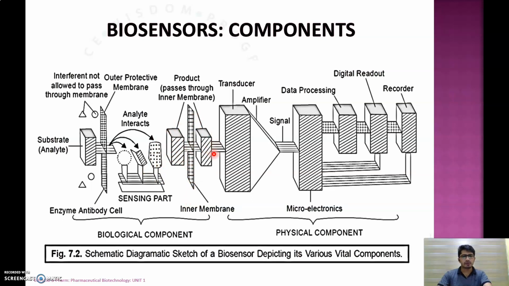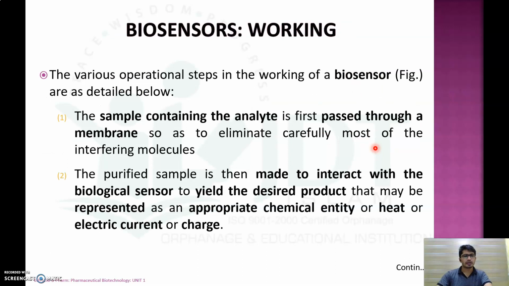The product then binds with a transducer. This transducer will convert the signal into an electronic or microelectronic part to get a digital readout and finally to record. Now we can discuss the working of a biosensor.